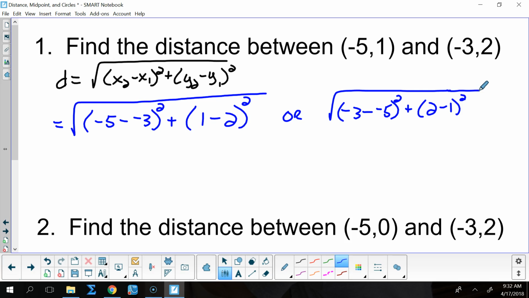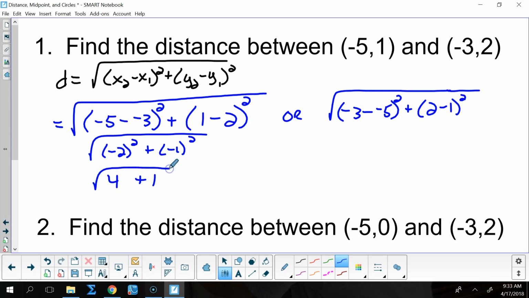-5 plus 3 here is -2. 1 minus 2, I should say, is -1. -2 squared is 4. -1 squared is 1. So I get a distance here of the square root of 5.